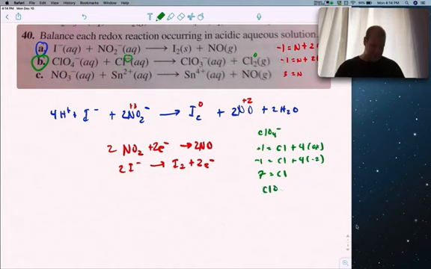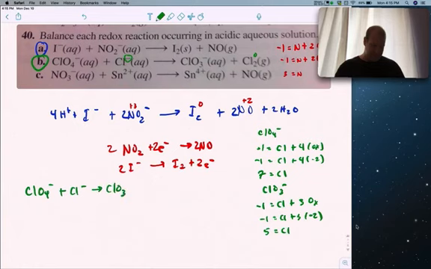And then ClO3 minus, minus 1 is chlorine plus, oh shoot, not 4, 3 oxygens, minus 1 is chlorine plus 3 times minus 2. 5 is chlorine. So that means our half reactions, we have ClO4 minus plus Cl minus makes ClO3 minus plus Cl2. And our half reactions are 2Cl minus goes to Cl2 plus 2 electrons.